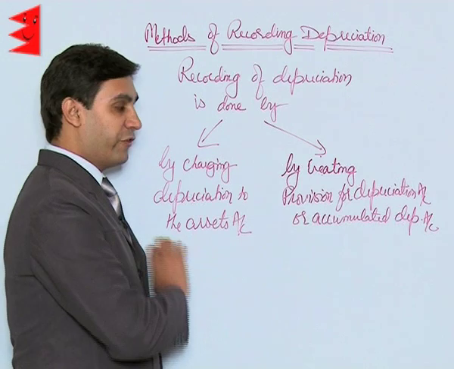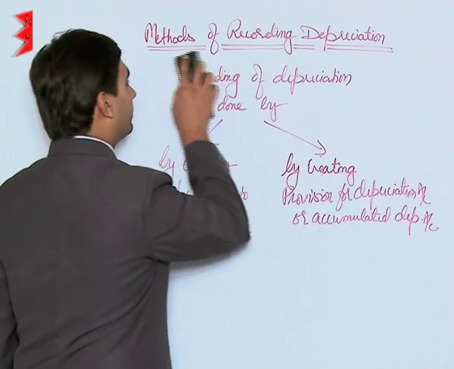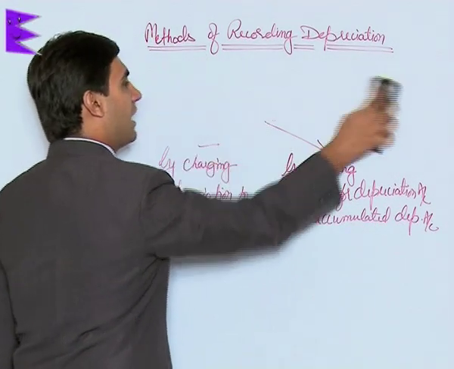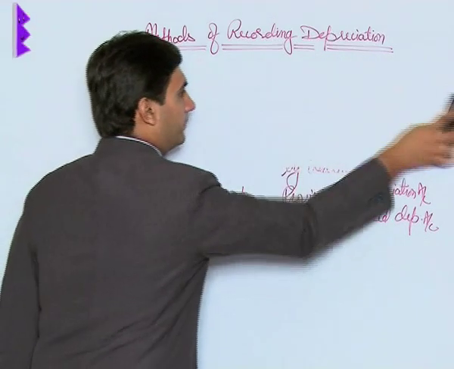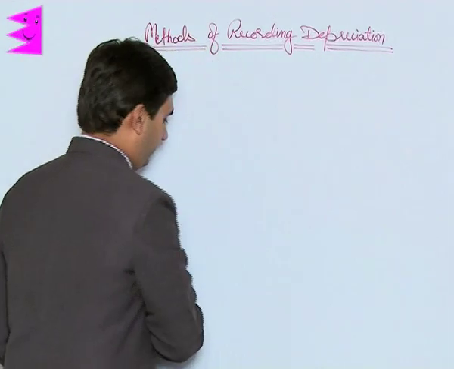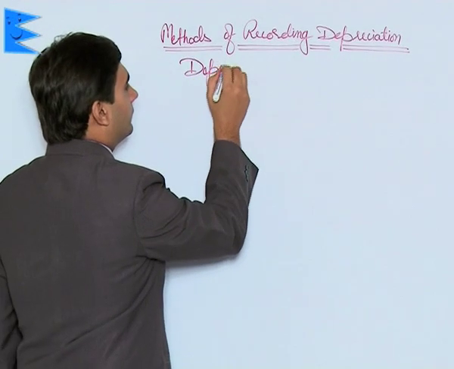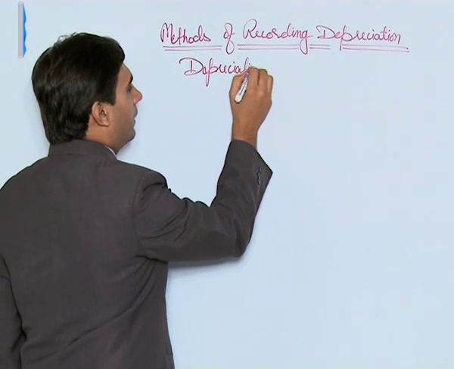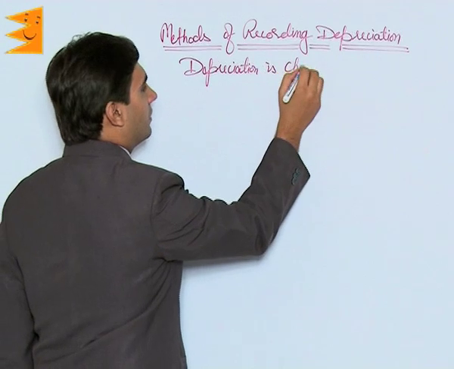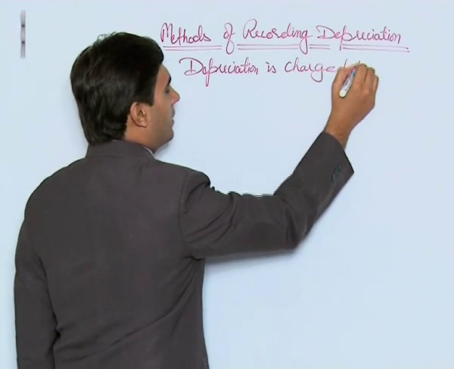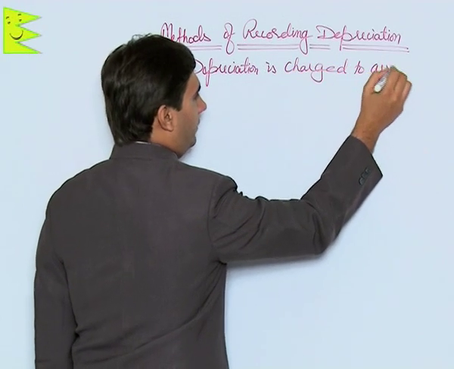So let us understand the first method, that is when depreciation is charged to the cost of the asset. Depreciation is charged to assets.